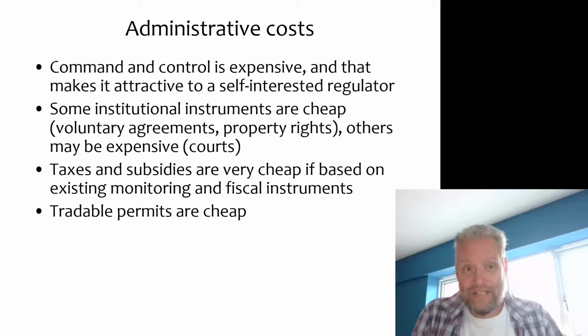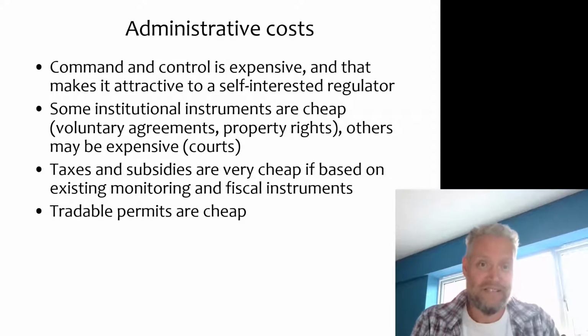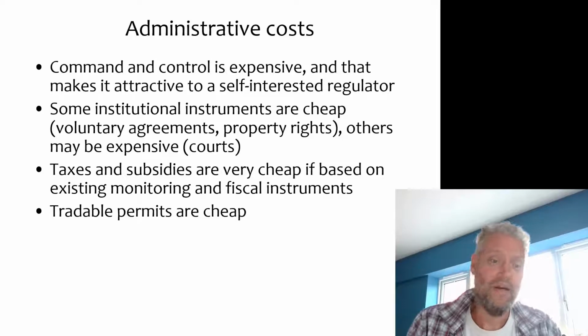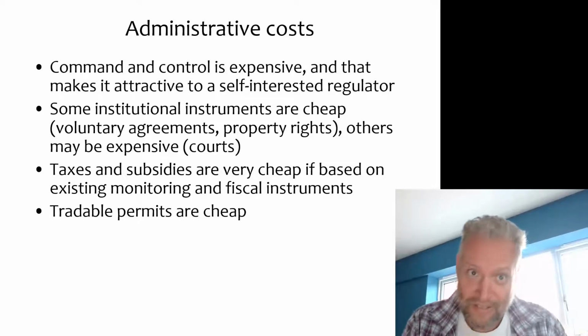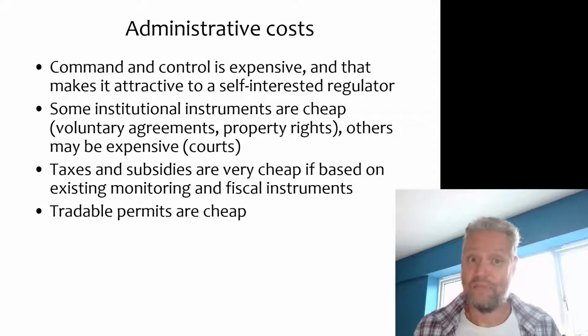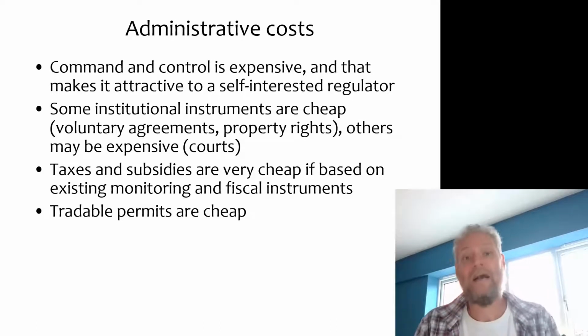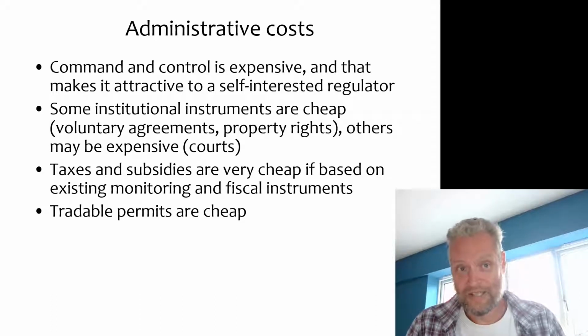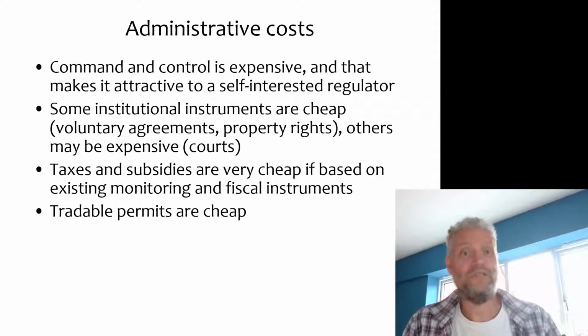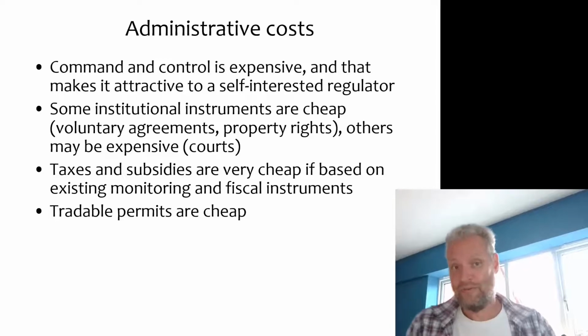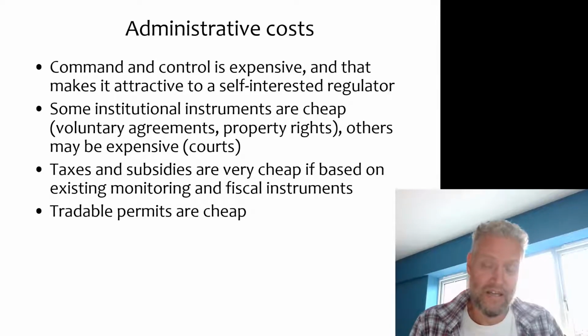So all the administrative systems are in place, and it's just a variation on a theme. New taxes can actually be expensive, and subsidies, it all depends. If you can piggyback on a system of subsidies that is already in existence, then it can be cheap. But if you need to set up a whole new system for this, then it may actually be expensive.